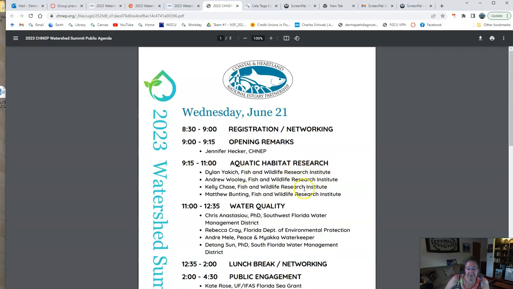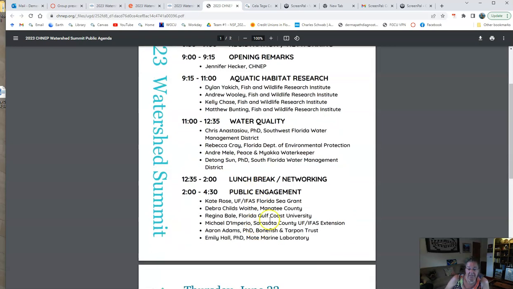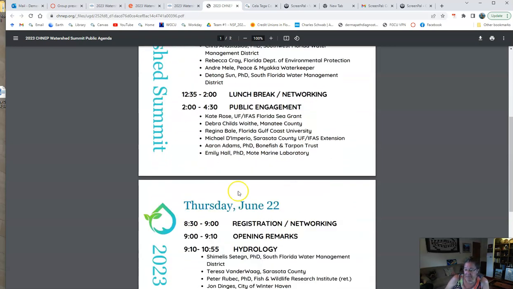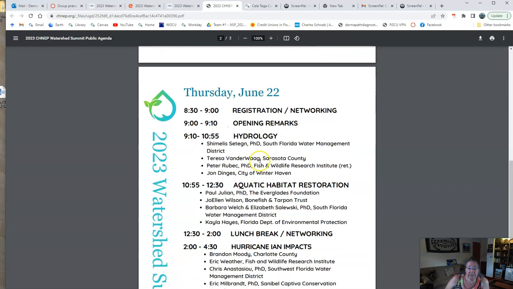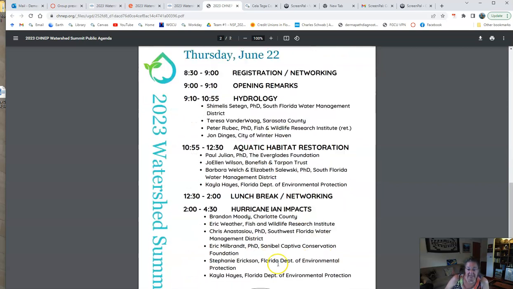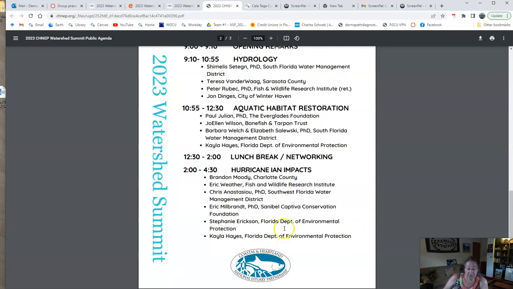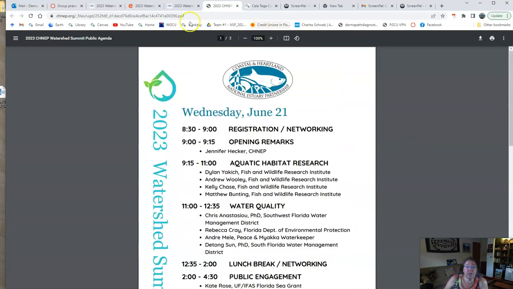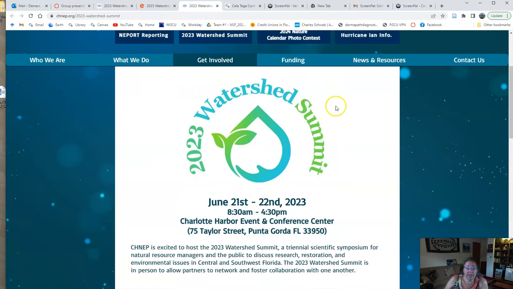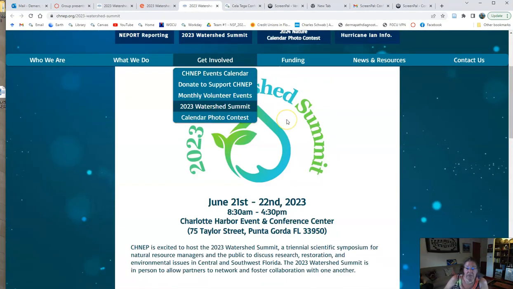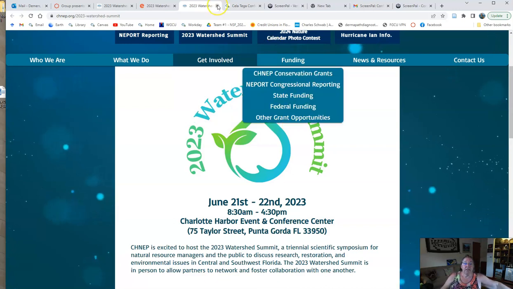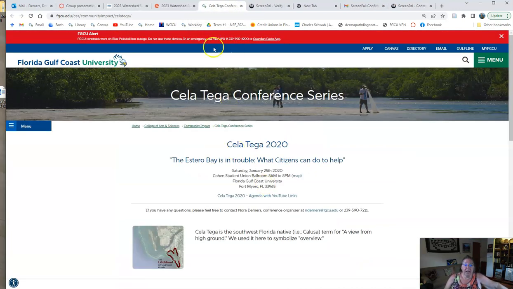Aquatic habitat research, water quality, public engagement, some of the most important things. And then Thursday is hydrology, aquatic habitat, and Hurricane Ian impacts. So that is one example of a local agency that you can learn about and a specific thing that you can participate in. Let me close that one up.